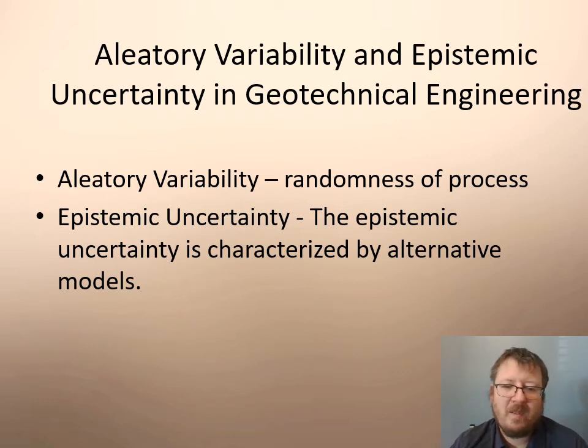The epistemic uncertainty is really about, do we have the model right? So we have modeled a levee with certain soil layers. Is that model right? Or is it a different model that we should be using for maybe different soil layers, or maybe there's something that changes the model, not just variability in the model. Okay, so those are the differences.